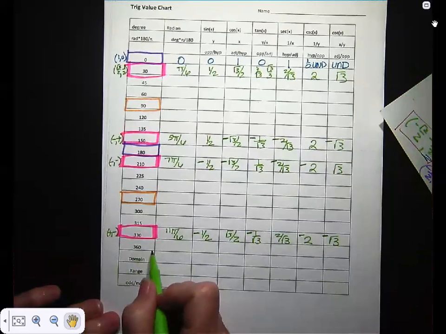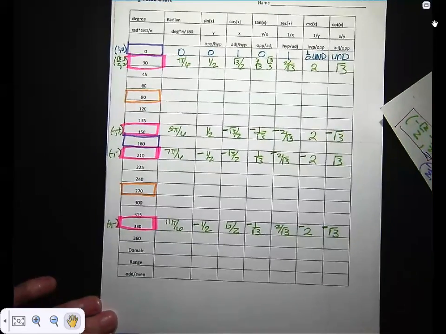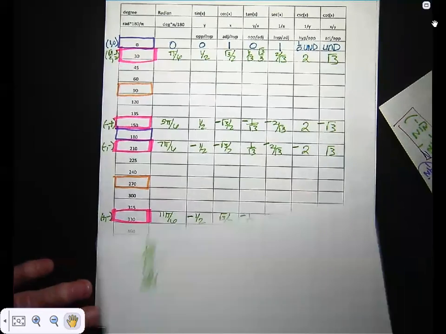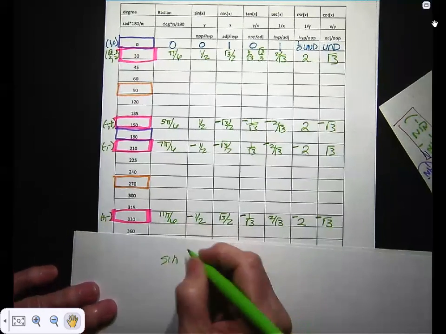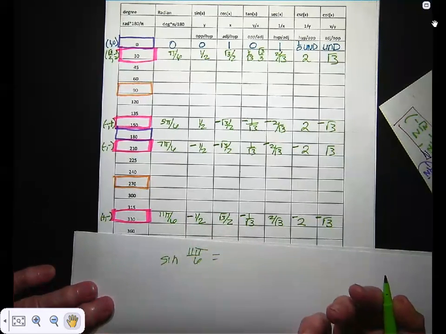You don't need to worry tonight about domain, range, and odd and even. We'll get to that whenever we start doing the graphing part of this. But know that the goal would be for me to be able to ask you a question. If you have the sine of 11 pi over 6, what is that answer going to be?